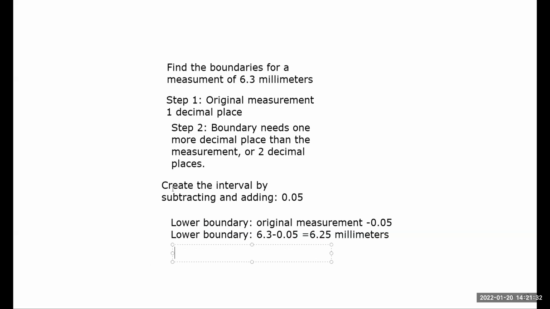So my upper boundary is my original measurement plus the amount that I found in the previous step, which in this case is 0.05.